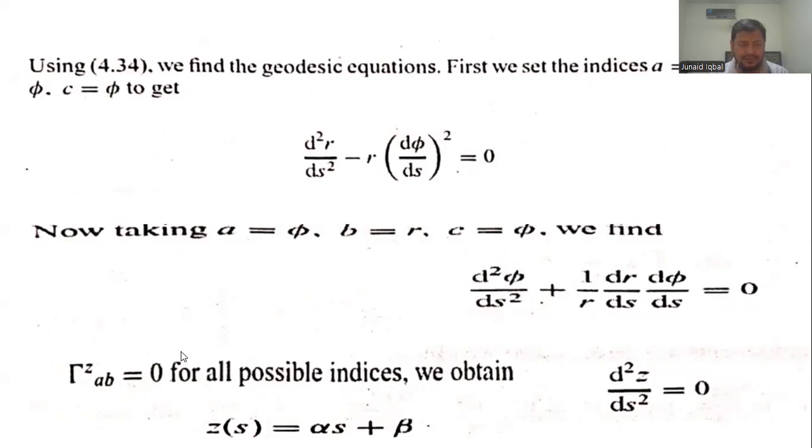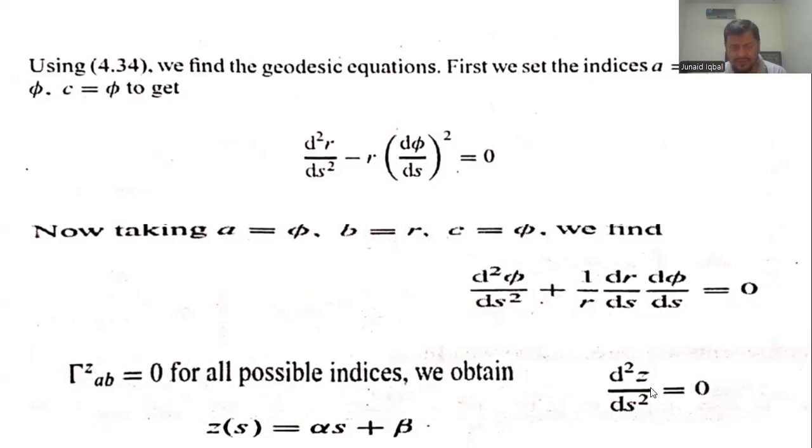Here, the Christoffel symbol gamma super z a b is 0. So therefore, we have this equation: d square z over ds square is equal to 0.